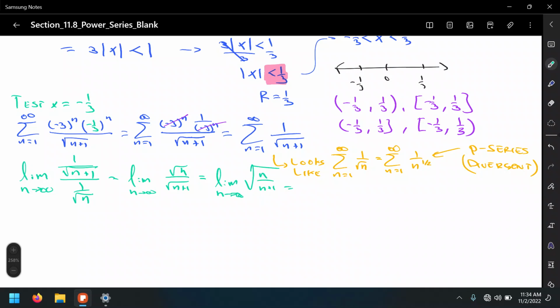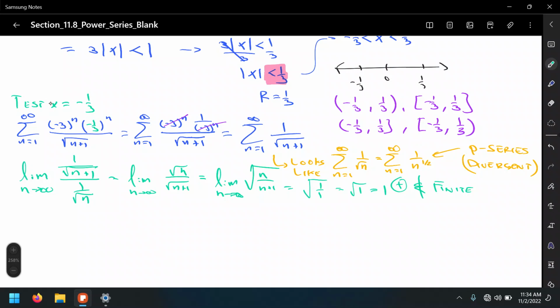Again, polynomial over polynomial, the degrees match, we can go with the ratio of the leading coefficients. This is really the square root of 1 over 1, which is the square root of 1, which is 1. Well, we don't care about the numerical result, just its properties. Number 1, this is positive and it's also finite. So this series right here will do whatever the test series does, which in this case is diverge.